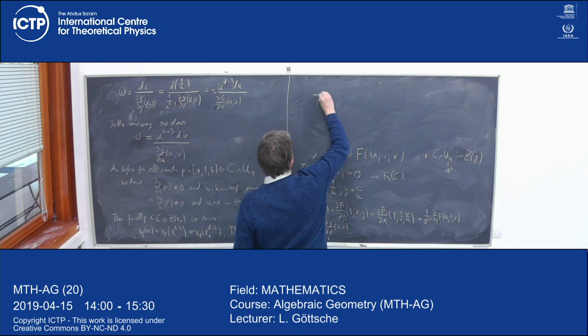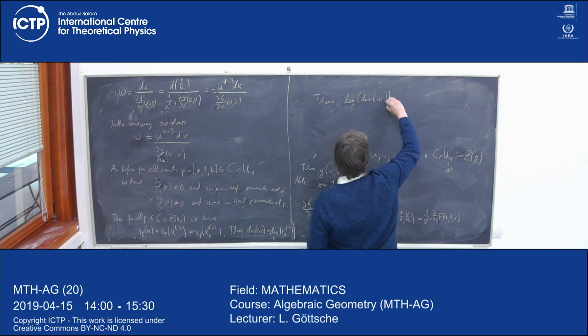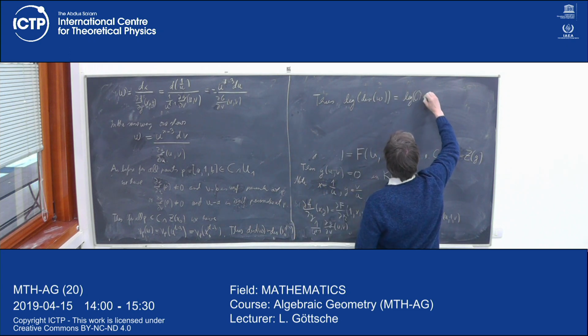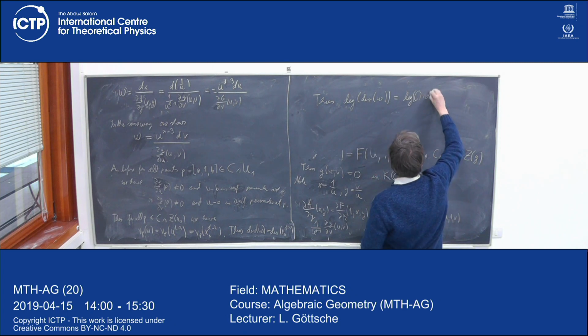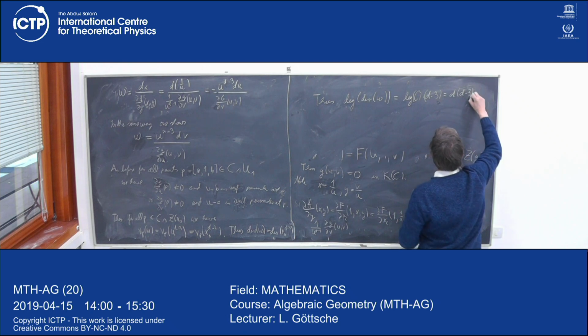Thus the degree of the divisor of omega is equal to the degree of C times d minus 3, so d times d minus 3.